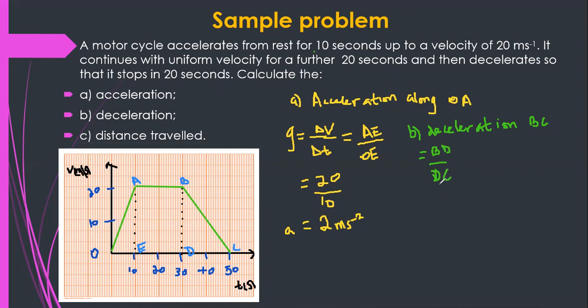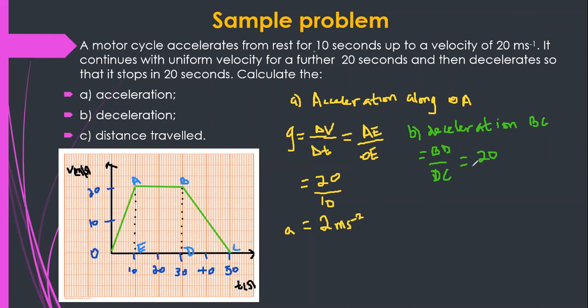Okay, so what do we have? BD, what do we have here? Again, when you go this way, you have 20, and when you go this way, you have 0. I've already explained this, how to take your gradients, which means you have 20, and then you take the difference, DC, from 30 to 50.